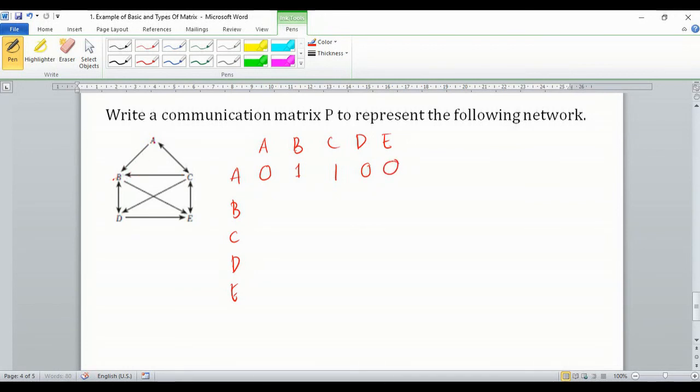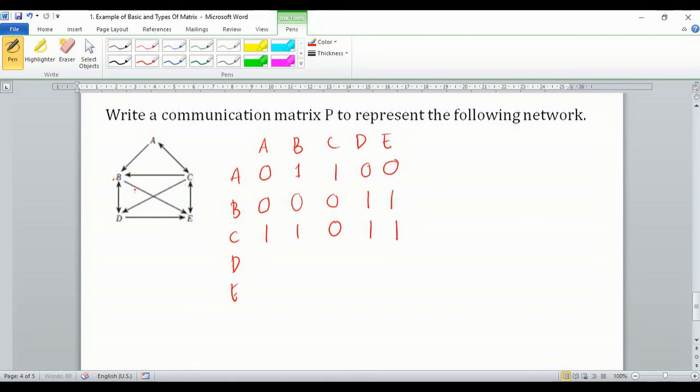B to A, no connection. B to B is 0. B to C, no. B to D, yes. B to E, yes. C to A, yes, 1. C to B, 1. C to C is not, 0. C to D is 1. C to E, 1.